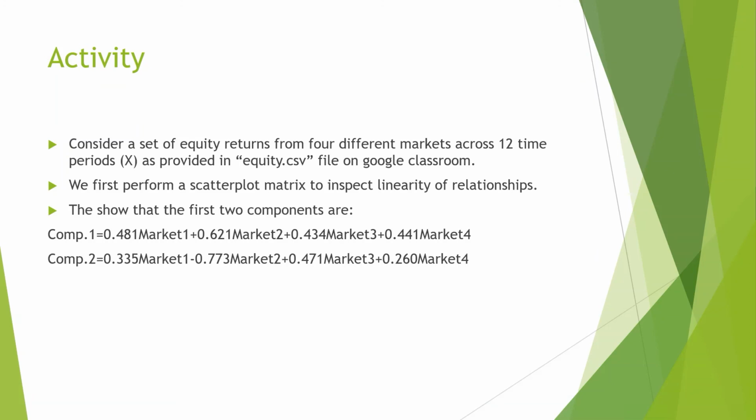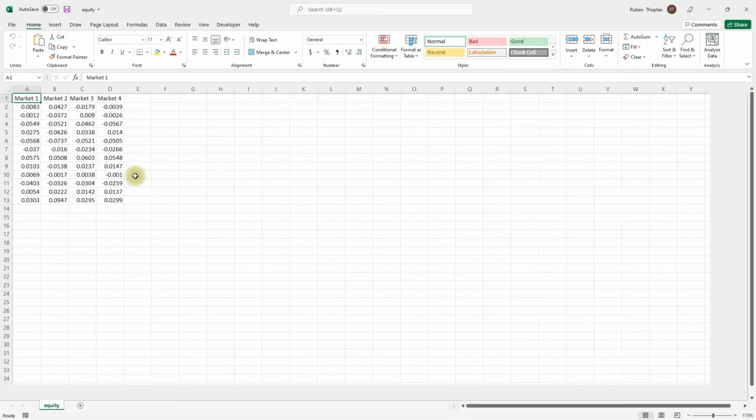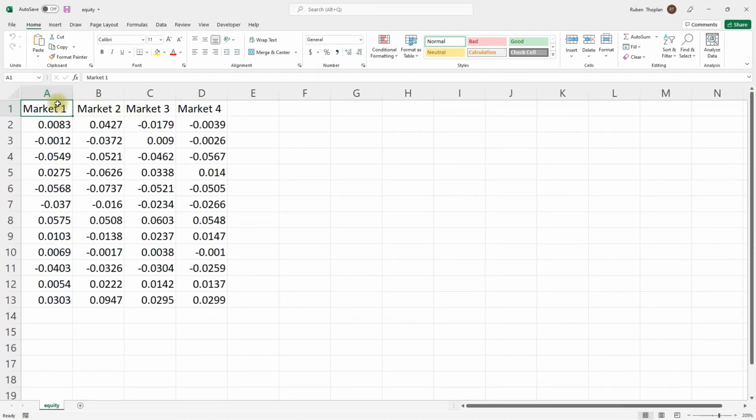Now, I'm not going to go through all the different steps from beginning to the end. All right, we can just go through a few steps and try to apply this on that data. The data that you get here is what you have on Google Classroom. You have the returns on the different market equities, all right?